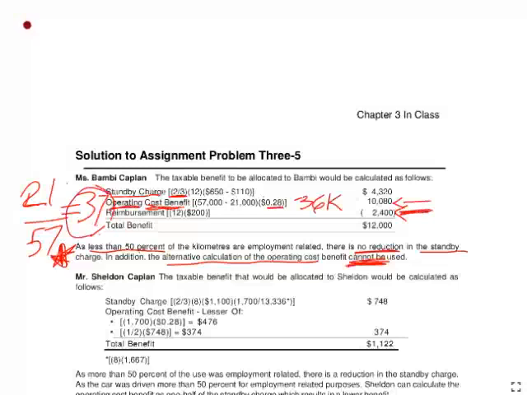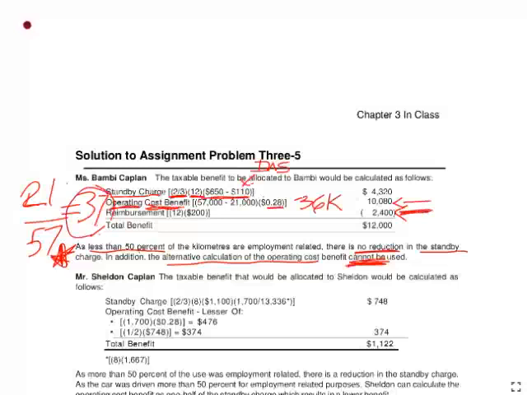The standby charge, well, she had access to this. Basically, the 2/3 is just in the calculation. 12 months is because she had access to the vehicle for the whole year. And then multiplied by the payment, but we had to subtract out the insurance. That's not always going to be the case.